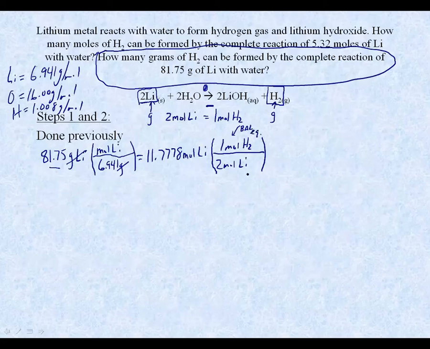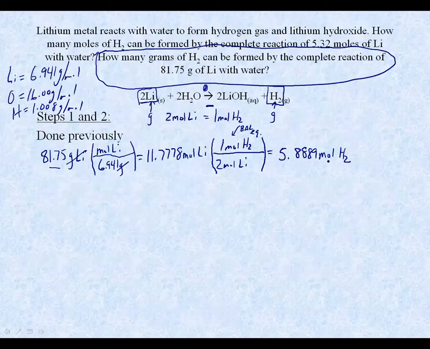Any questions on that? That then means if we do get an answer at this point, we're going to take that number we had previously and divide it by 2, and that's going to give us 5.8889. Again, not rounding at this point, moles of H2. And that's the stoichiometry part.